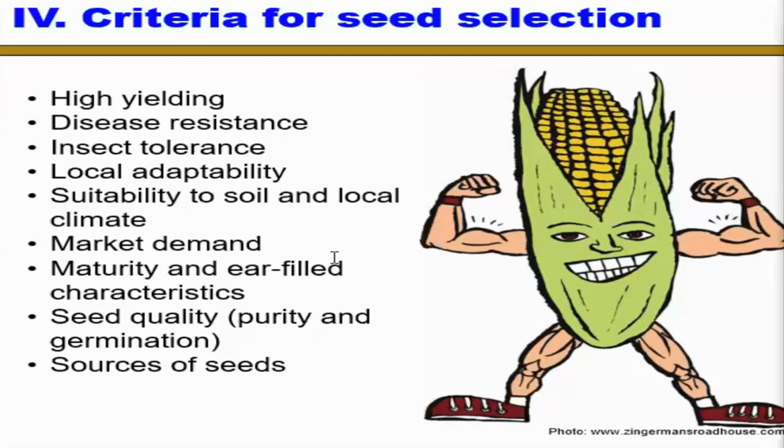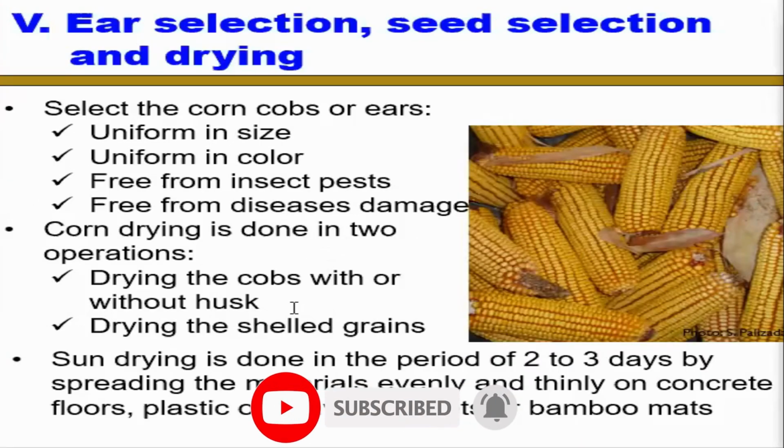So, ear selection, seed selection and drying. If you go for seed breeding as your livelihood, you should select corn crops or ears with uniform size, uniform color, free from insect pests, free from disease damage, and you go on to drying. The drying is done with two operations: drying in cobs without husk, or drying in shelled grain.